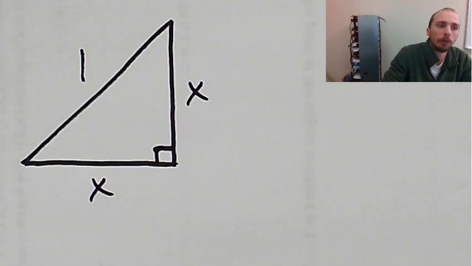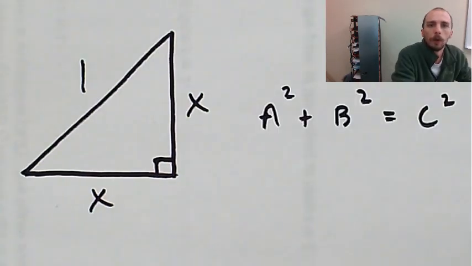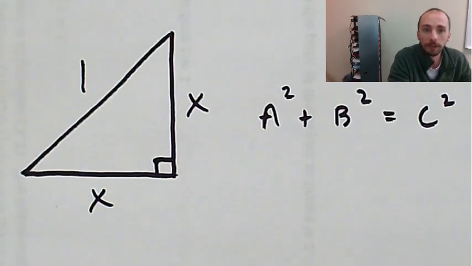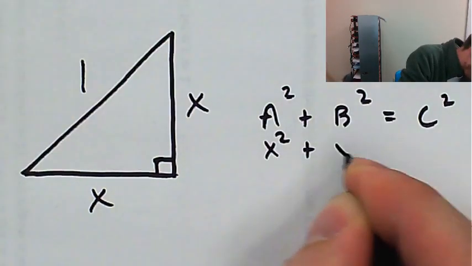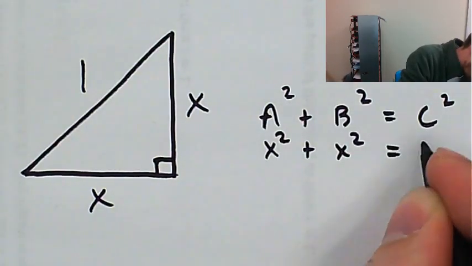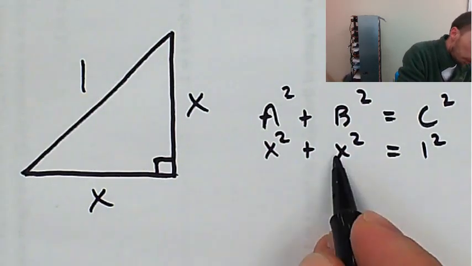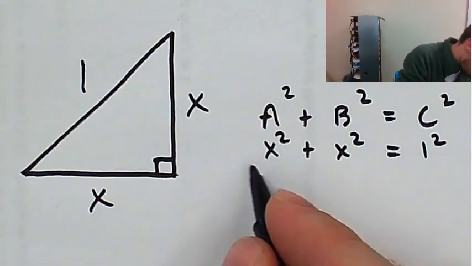So we're going to just write down what we know to be true, which is the Pythagorean theorem. For a right triangle, a squared plus b squared equals c squared, where a and b are the legs and c is the hypotenuse. In this case, that would give us x squared plus x squared equals 1 squared. So that's 2x squared equaling 1.